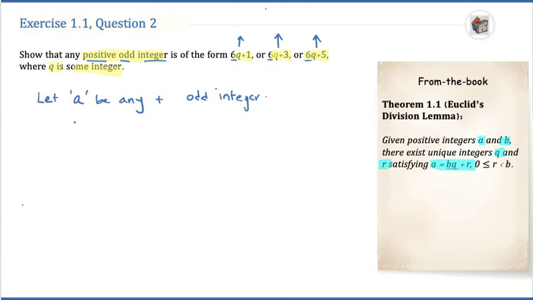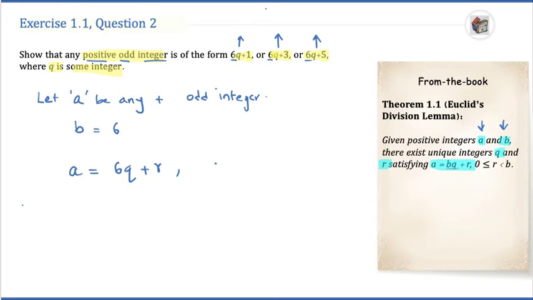Okay, so I'm taking a as this random number, and as I just said, I will take b equal to 6. So now that I have these two numbers a and b, I know I will get q as my quotient and r as my remainder, using which I will be able to write a is equal to bq plus r. But why do I say b? I already know the value of b. So I will instead write 6q plus r.